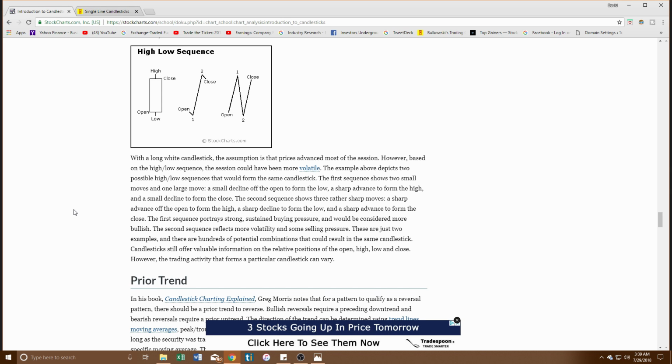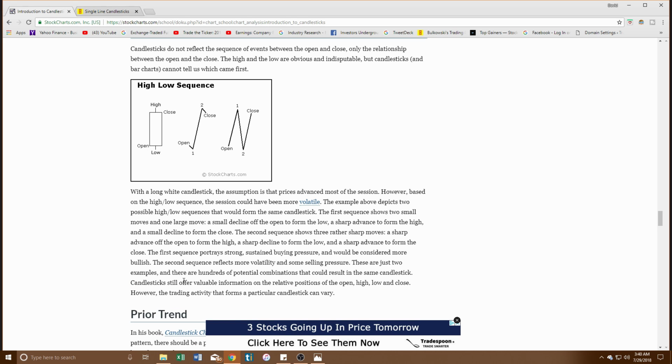Candlesticks still offer valuable information on the relative positions of the open, high, low, and close. However, the trading activity that forms a particular candlestick can vary. What it's pretty much telling us is you have the candlestick right here, but it doesn't display what happens in this body. That's why it's always good to have multiple charts to see a chart intraday.